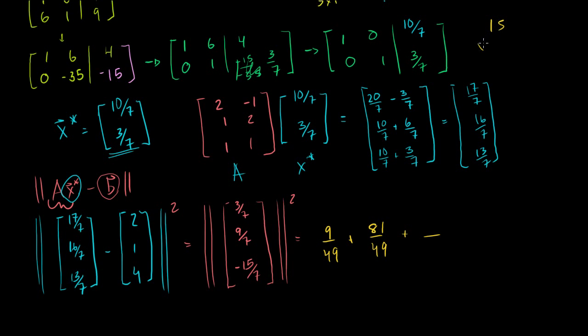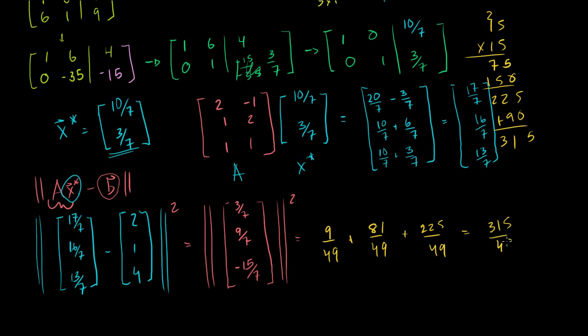Let me make sure, I'm prone to careless mistakes. 5 times 5 is 25. 1 times 5 is 5, so this is 75, and then I have 150. Yep, 225. So plus 225 over 49. 9 plus 81 is 90, and 225 plus 90 is 315.